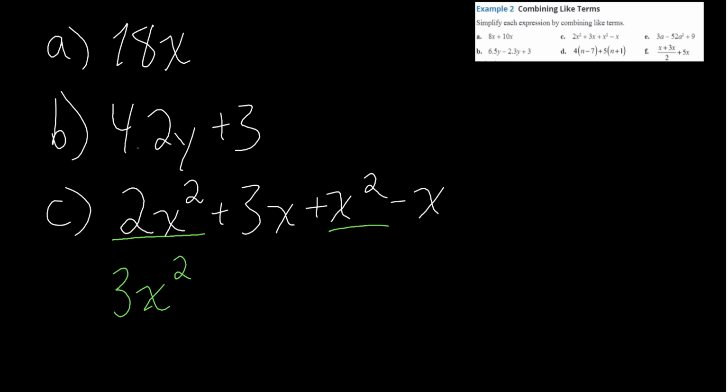Then we have plus 3x and then minus x. So 3 minus 1 is a 2, so plus 2x. The reason why I underline them is so I know that I've used them. I know that I've combined every like term possible. So there are 4 terms here, and I know I didn't skip one. I know I didn't miss one.